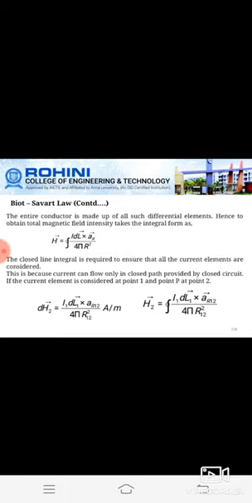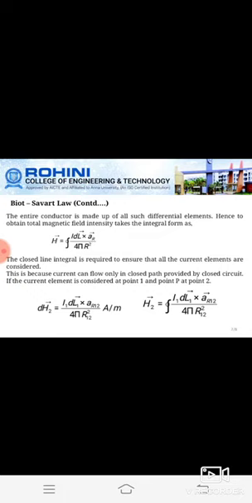If the current element is considered at point 1 and we are considering point 2, we use the equation dH2 is equal to I1 dL1 cross AR12 divided by 4 pi R12 square. Here I1 is the current flowing through the dl at point 1, dl vector is the differential vector length at point 1, and AR12 is the unit vector in the direction from the element at point 1 to point 2.